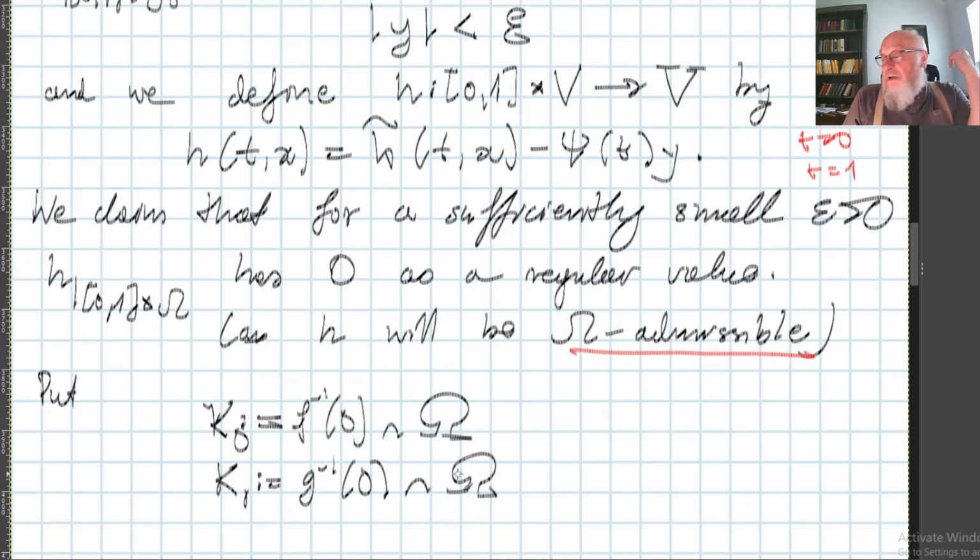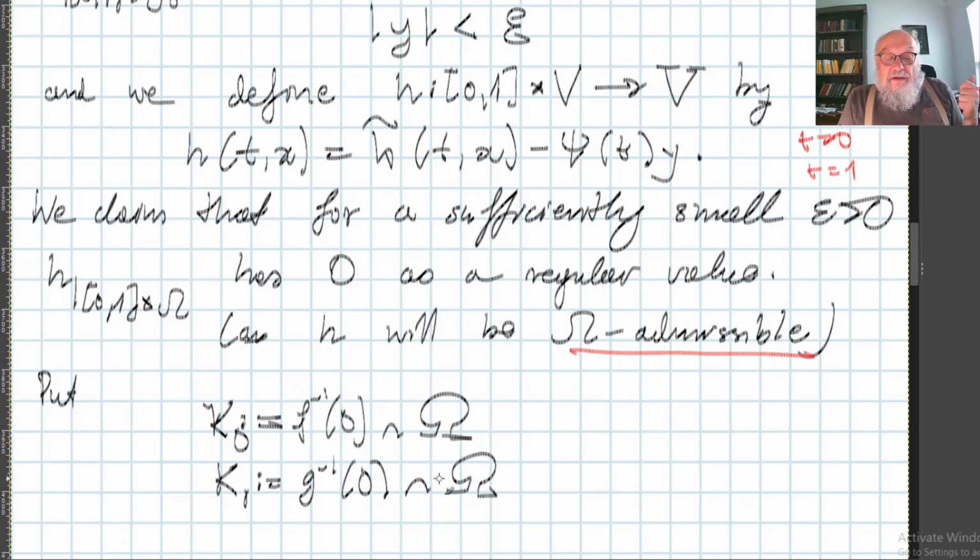Since we assume that f and g are regular maps, that means 0 is a regular value, so this is actually a finite set.